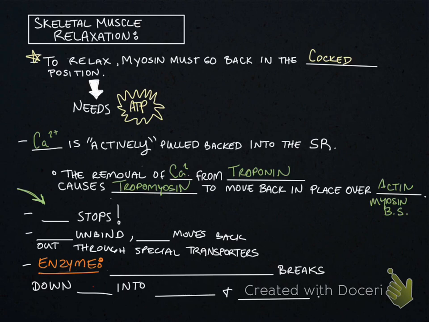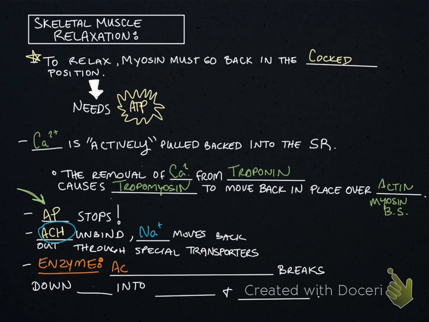So this whole time, this action potential stops. Acetylcholine unbinds, and sodium, here's where sodium is. Sodium moves back out through those special transporters. Remember, those were the nicotinic transporters. Acetylcholine is still out in the synapse. We need this special enzyme. This enzyme is called acetylcholinesterase.